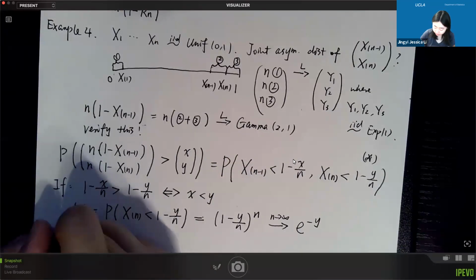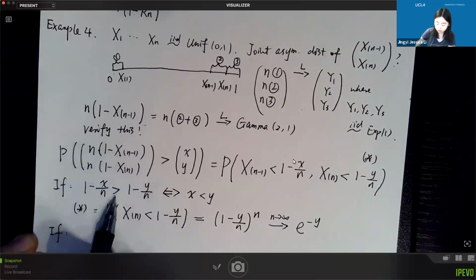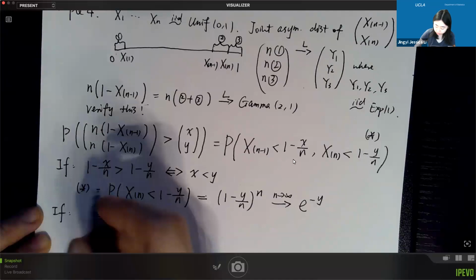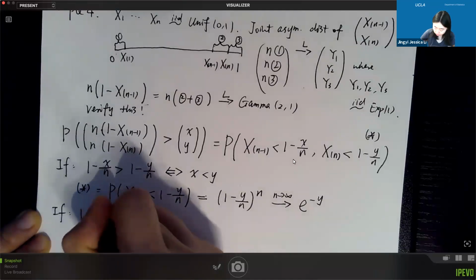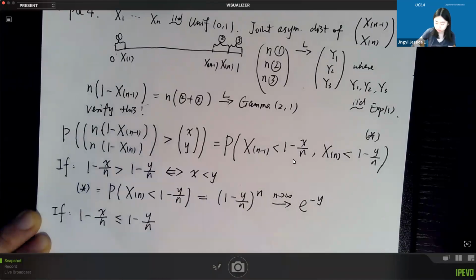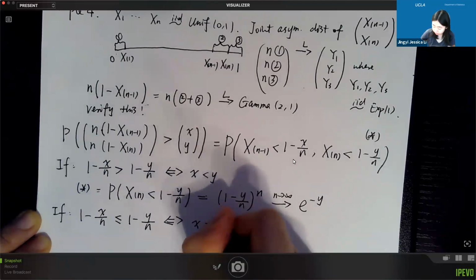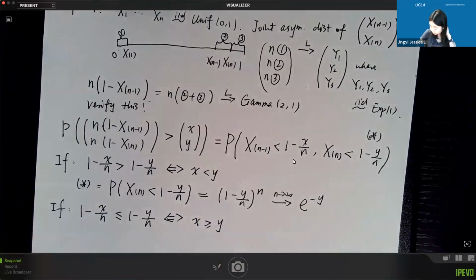Okay, and then if this does not hold, instead we do have 1 minus x over n less than or equal to 1 minus y over n. When this happens, it's equivalent to x greater than or equal to y. And one more thing, for this to hold, we need x and y to both be positive, right?